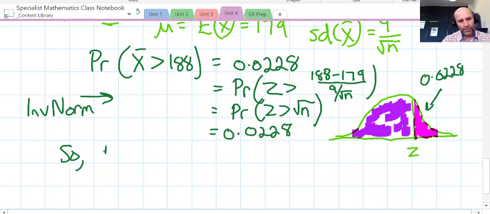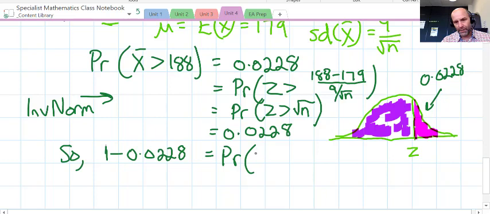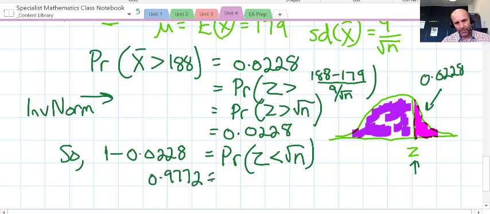To find the complement, we go 1 minus the given probability, and that will equal the probability of z being less than root n, and that will be 0.9772.